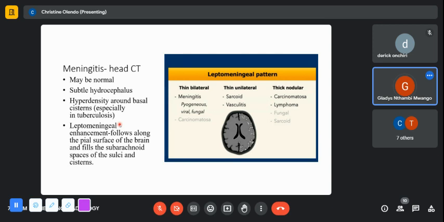And for TB, you get quite a bit of enhancement at the basal cisterns, because that's where the exudate tends to collect. And then when it's thick and nodular, it's like what you get for carcinomas. In fact, sometimes they can look like subdural collections for carcinomatosis or fungal.